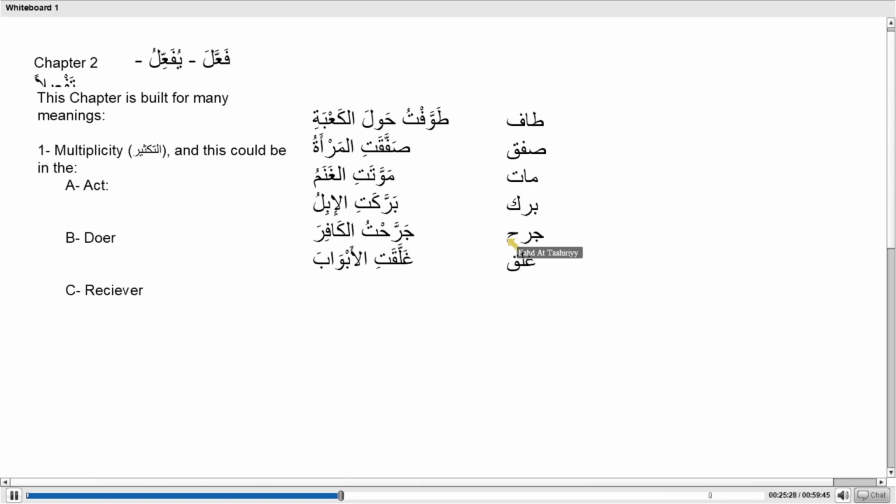نعم. جرحت, نعم عفوا. جرح. What does it mean جرح? Wounded. أحسنتي. Wounded. جرح is transitive and it means he wounded someone.